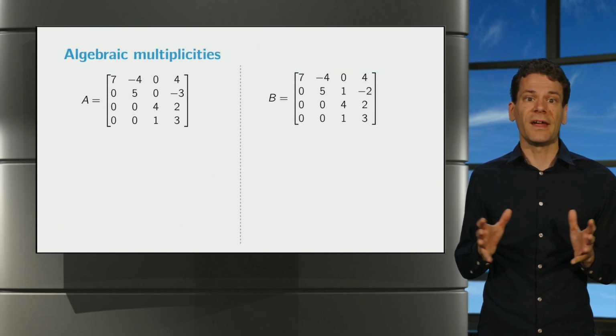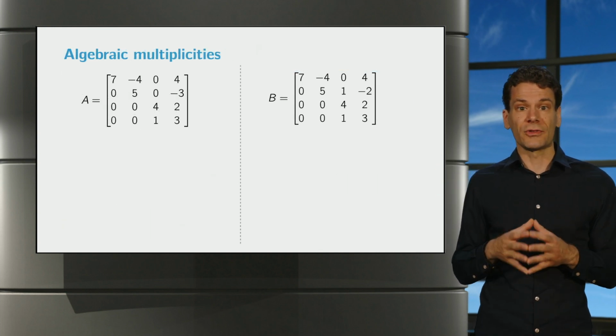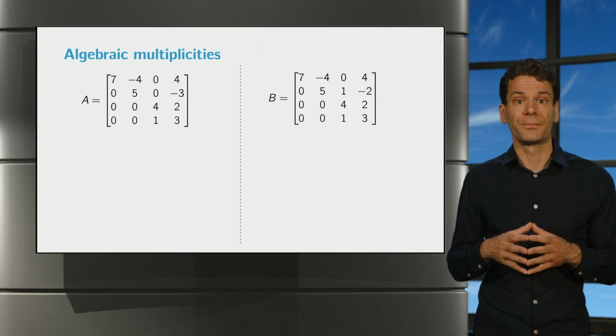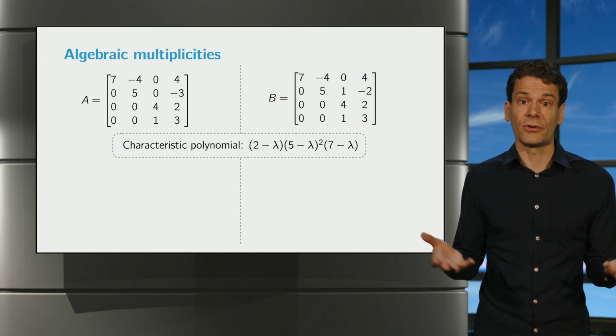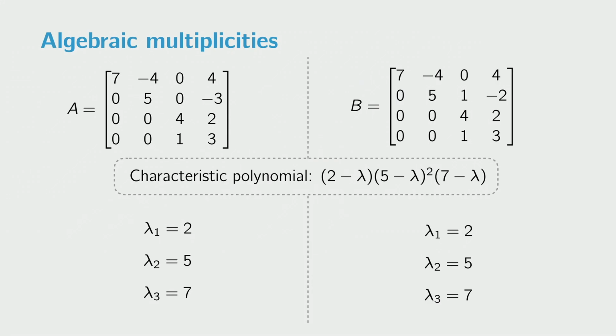Remember that the algebraic multiplicity follows from the factorization of the characteristic polynomial. The matrices here have the same characteristic polynomial and therefore the same eigenvalues. The number of factors in the polynomial that corresponds to a given eigenvalue is the algebraic multiplicity of that eigenvalue.